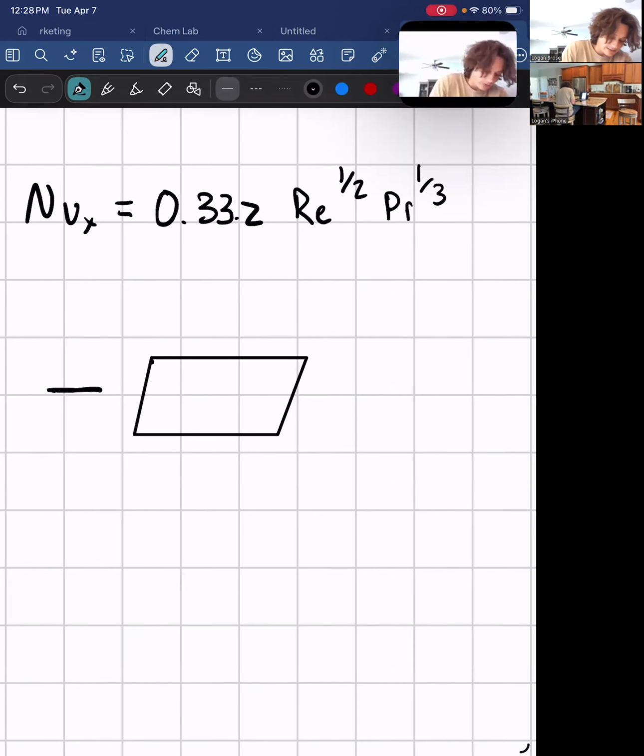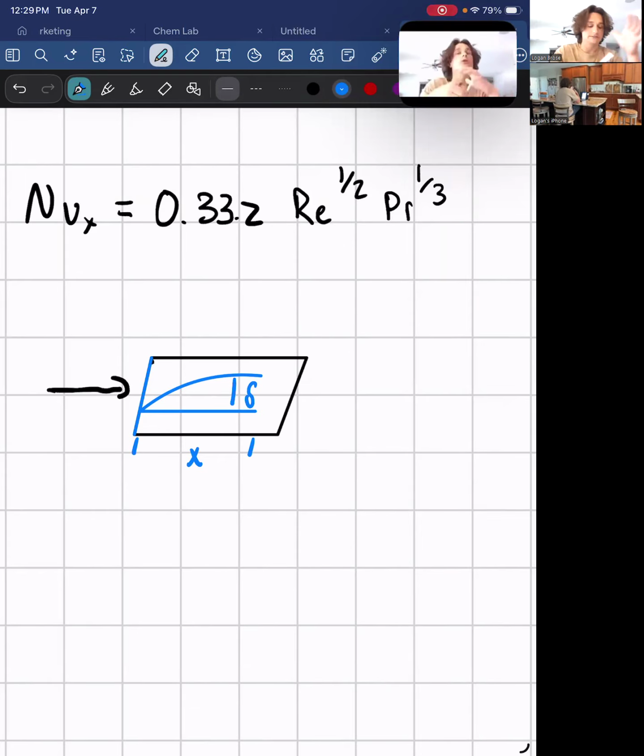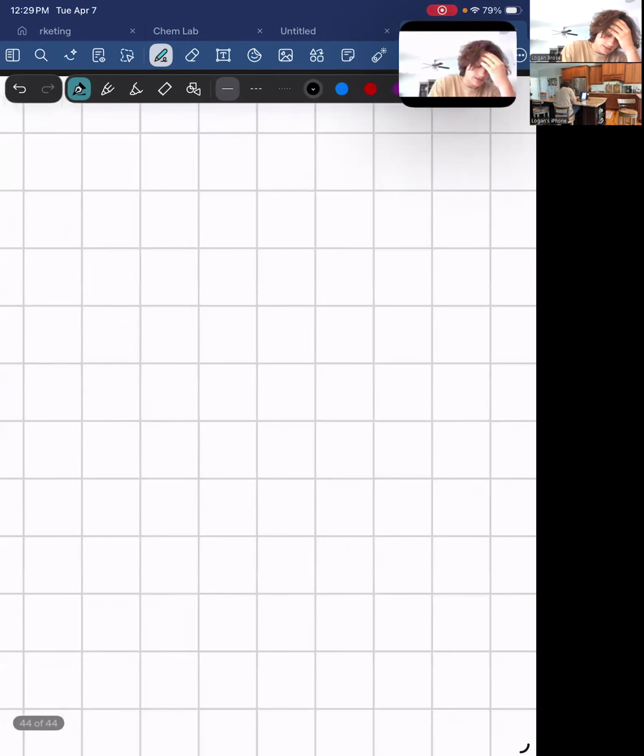Heat's coming in here, and when we hit this boundary, we create a boundary layer that has some length. We'll say in this, it's x, and some distance between, which is delta.